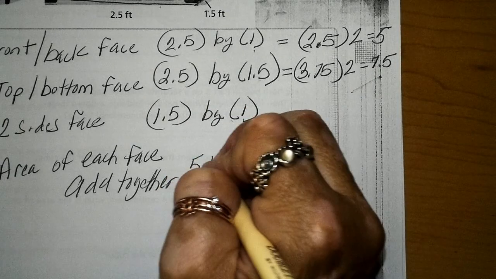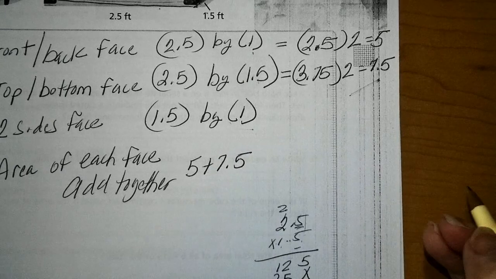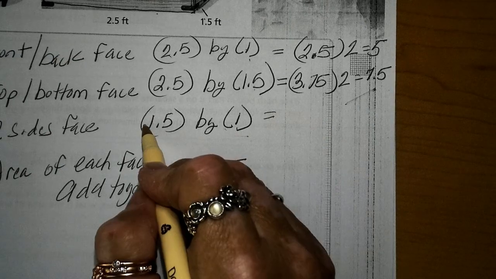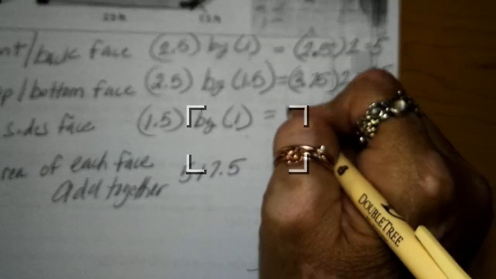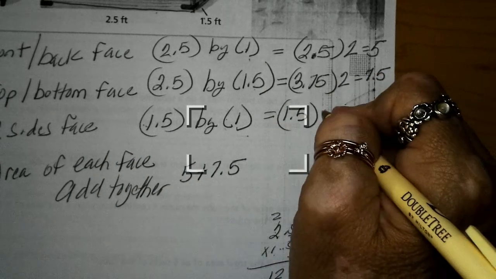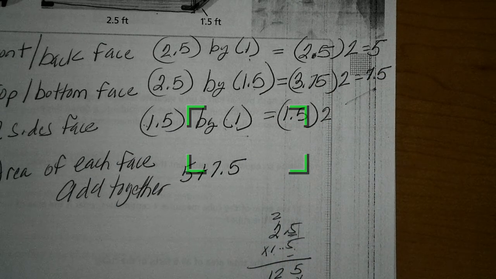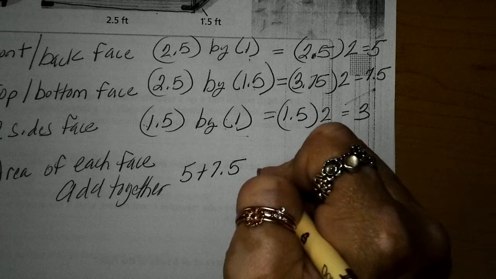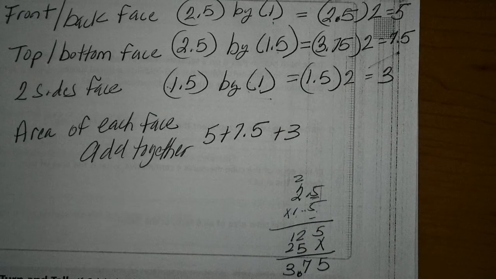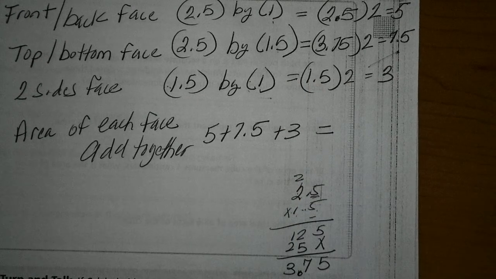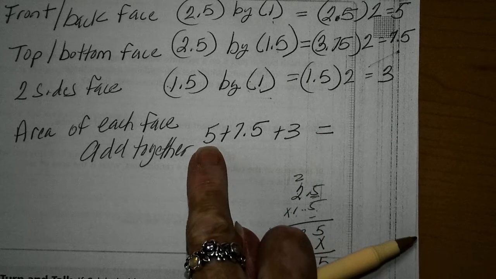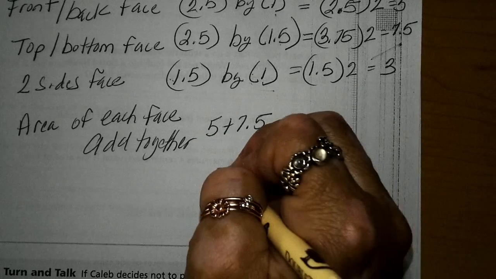So 5 plus 7.5. All right, and this one's easy as well. 1.5 times 1 is 1.5. We're going to multiply it by 2. So that gives me 3. So we're going to add them together. So I know 5 and 3 is 8.